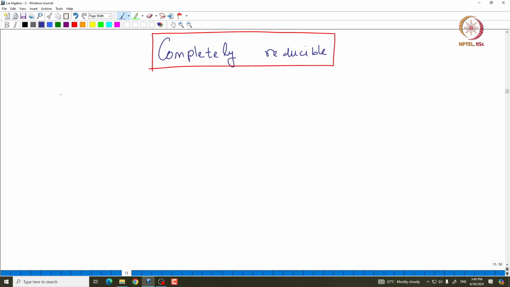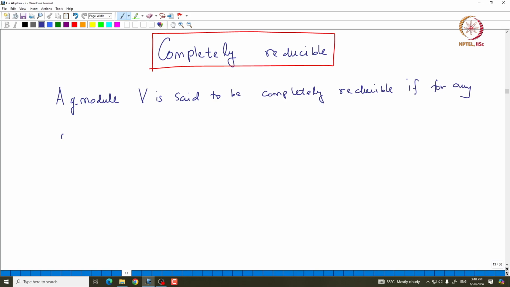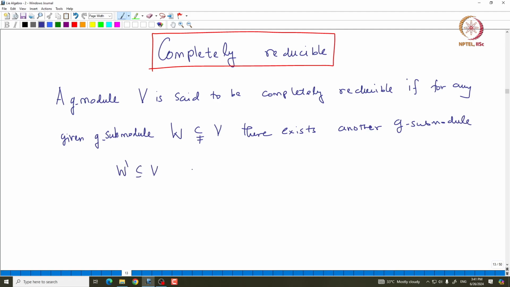A module V, a G module, is said to be completely reducible if for any given proper submodule, let us say capital W, inside V, we have another submodule W dash inside V such that V is indeed equal to W direct sum W dash.